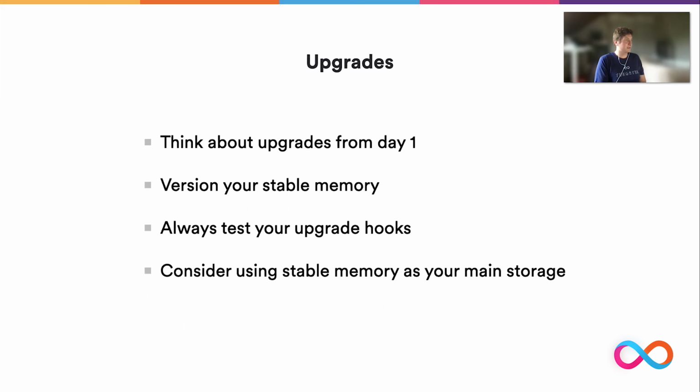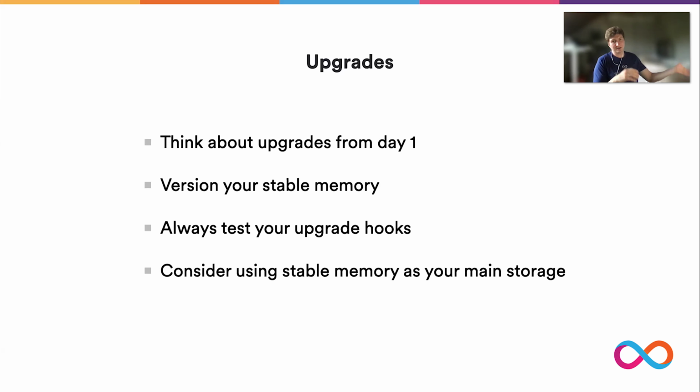So, upgrades, a very complicated topic to talk about. As you might know, on the Internet Computer, the way you migrate state from one version of your code to another version of the code is through the upgrade process. What happens is execution takes the old canister and executes the pre-upgrade method, which usually writes to stable memory.